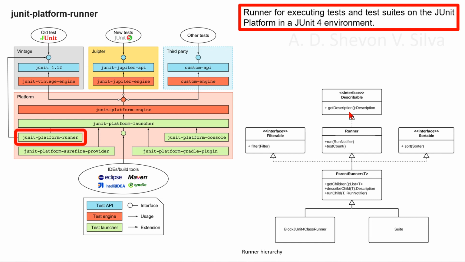The description is used to provide human-readable information about the test which is to be run or has been run. It can describe a single test, atomic, or a hierarchy of tests, compound. The information provided by each runner is used, for example, by a GUI to depict all tests that a particular launch affects.